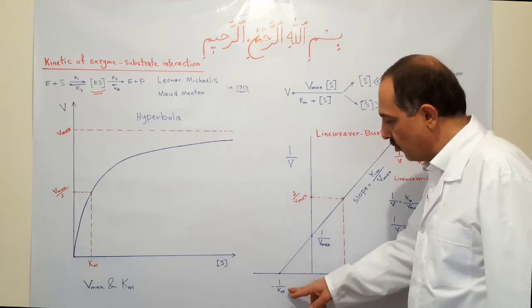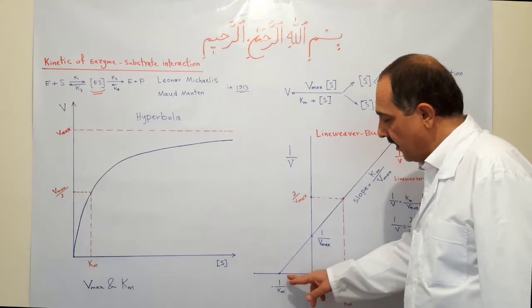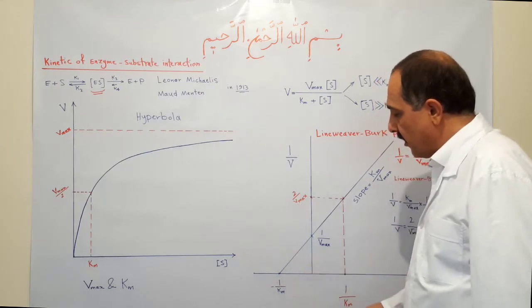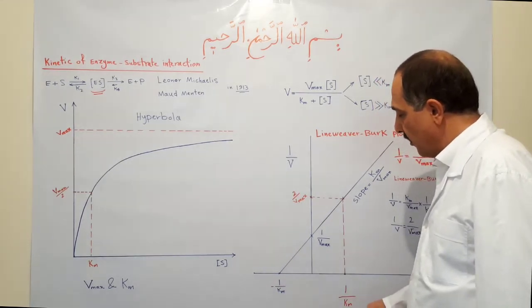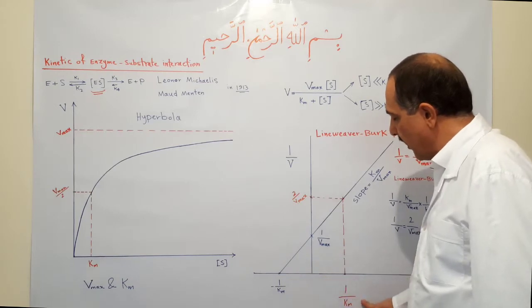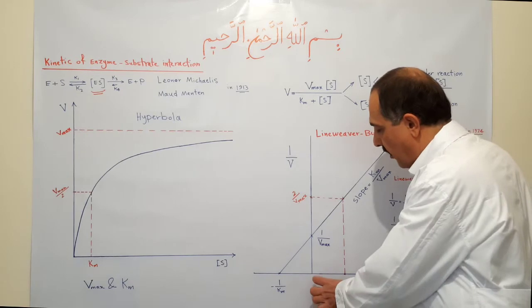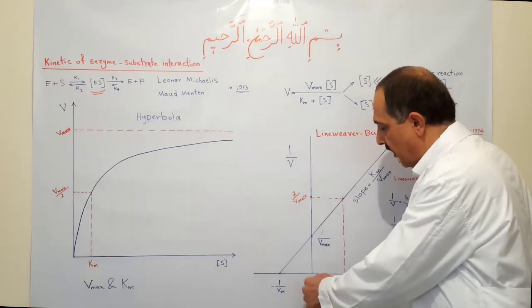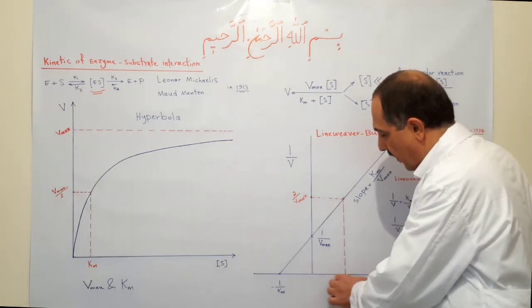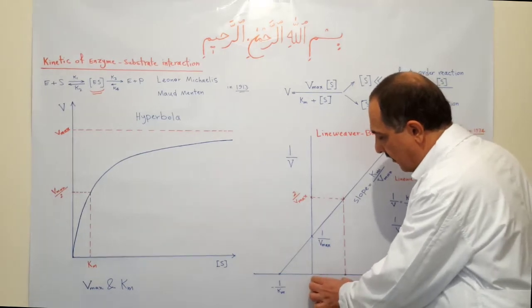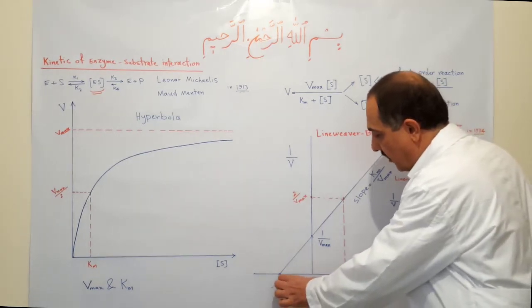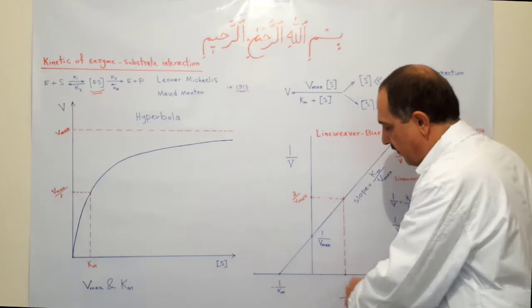Please pay attention to this value, negative value of 1 divided by Km. So the positive value of 1 divided by Km is in equal distance from origin of coordinates, but in positive direction, namely here. This distance is equal to this distance, but in positive direction.